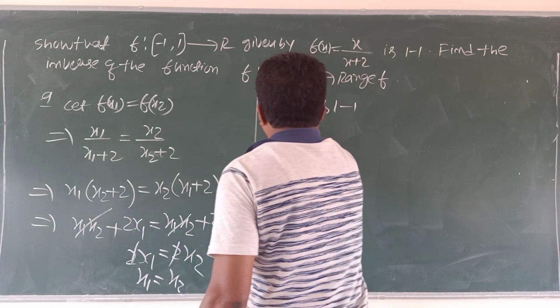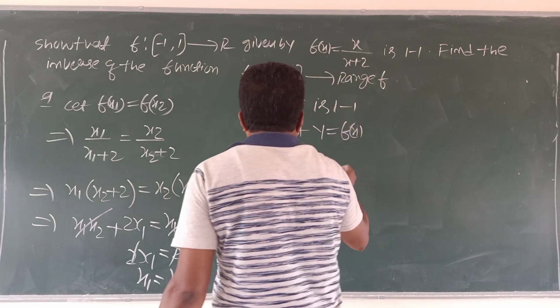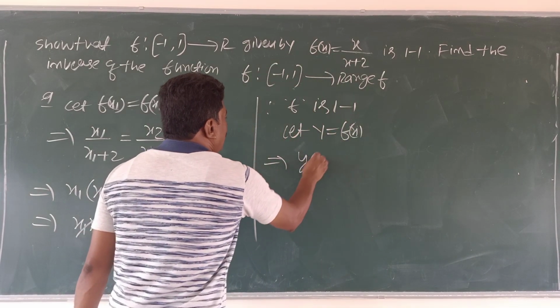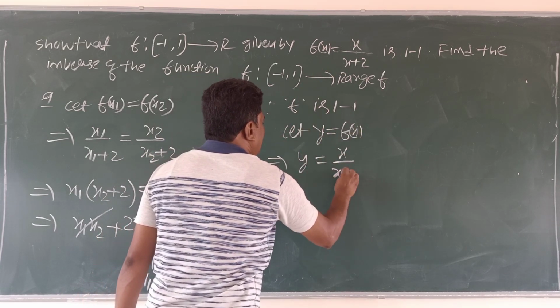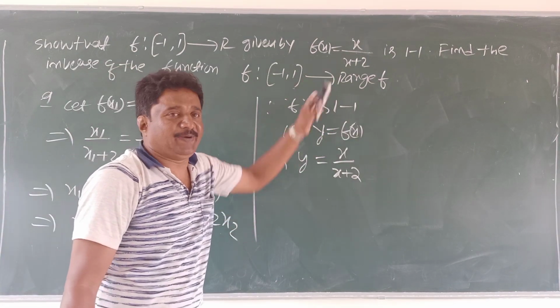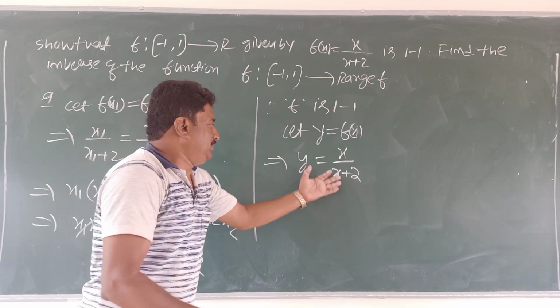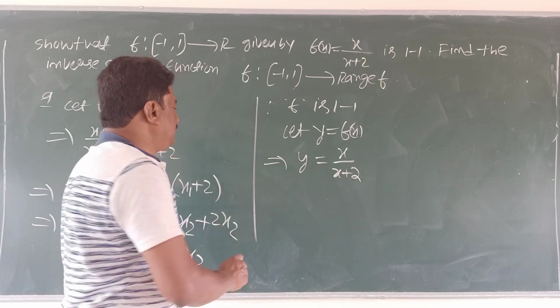So let y = f(x). y = f(x) means y = x/(x + 2). From this, you calculate the x value. Cross multiply.